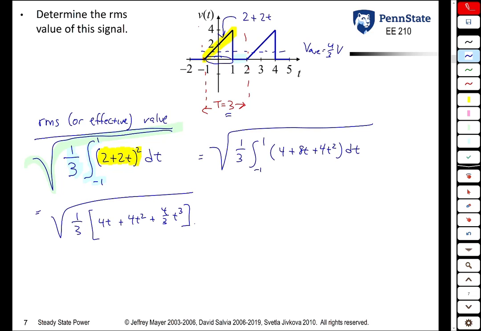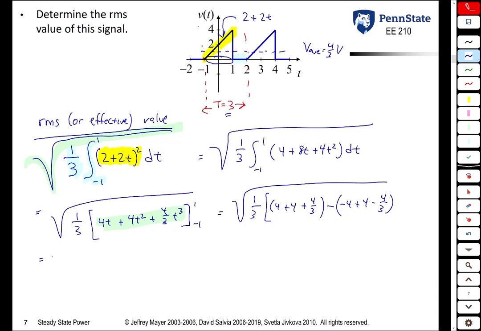We need to evaluate that at the upper limit and the lower limit. So that now becomes the square root of 1/3. This function here, evaluated at the upper limit, is what? 4 plus 4 plus 4/3. We subtract that function evaluated at -1. At -1, we get -4 plus 4 minus 4/3.